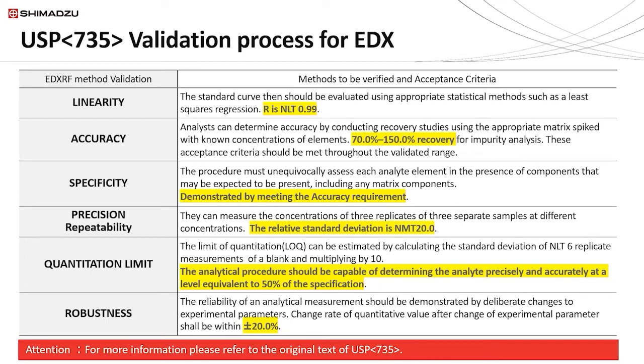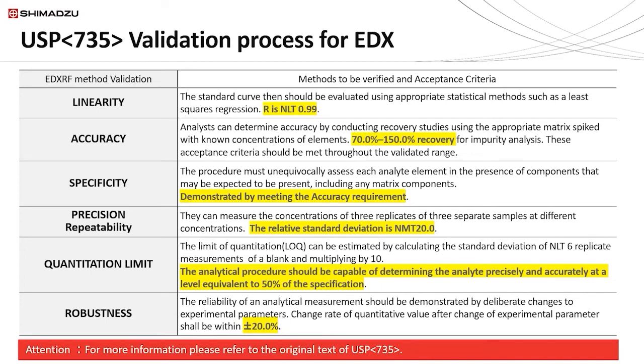There's another quantitation limit that I'm going to be talking about, in that the analytical procedure should be capable of determining the analyte precisely and accurately at a level up to 50% of the specification. I'm going to be talking quite a bit about primarily the word specification and what it means in the context of USP 735.